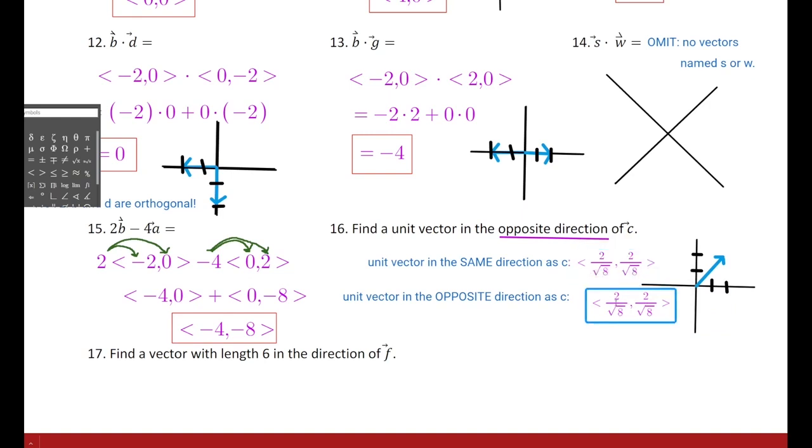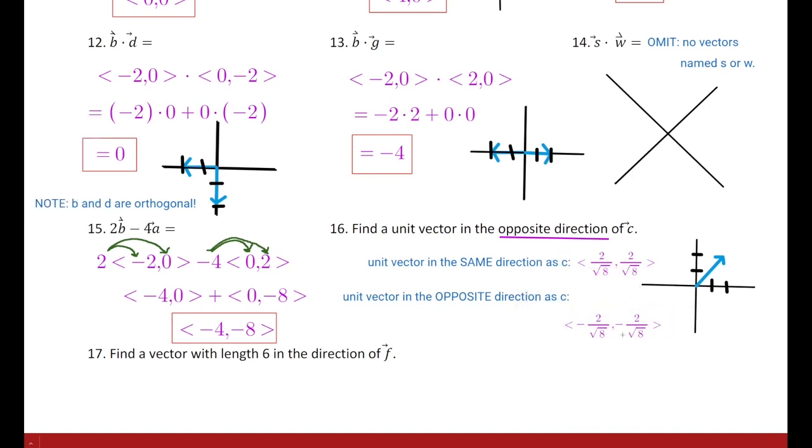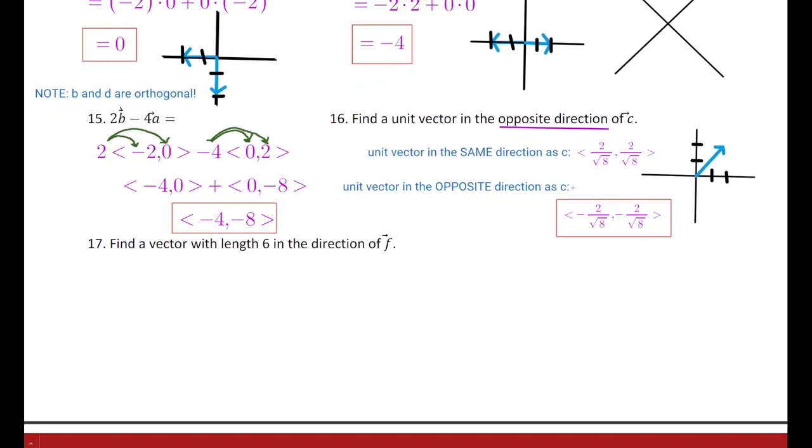Okay, so that's our answer. Now, if you do want to go a little further than this and you want to completely simplify it, I'll just show you what that would turn out to be.